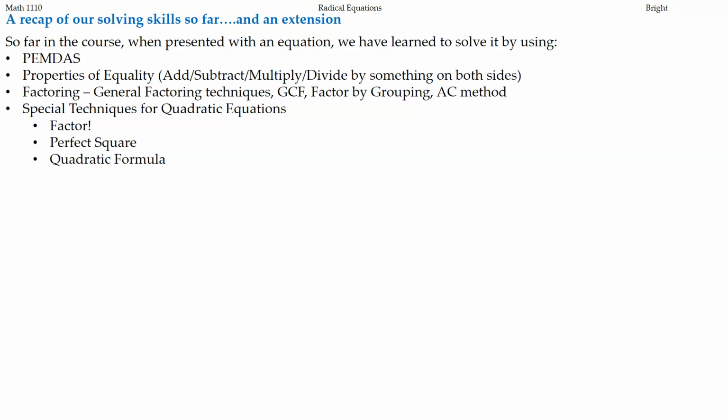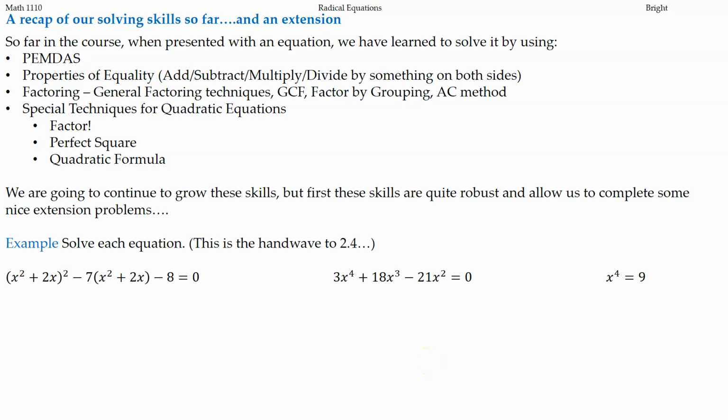That is intentional because these radical equations connect nicely to the quadratics. We will return to 2.5, but I do want to give a little hand wave to 2.4, which we are skipping in the course. Okay, and so here, these are some of the equations that you might have seen in that section, and I just want you to pause the video and see if you can identify some ways to attack these problems.